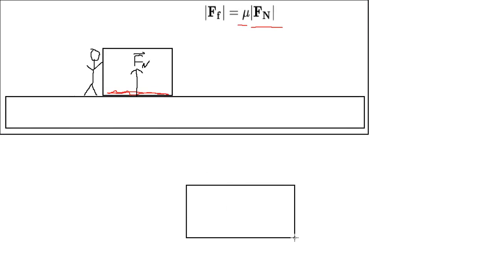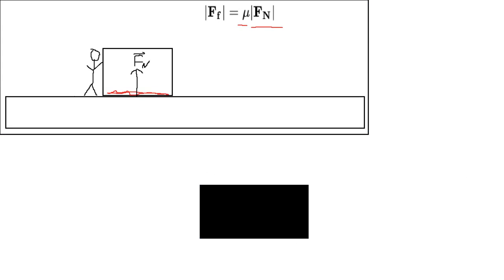Let's say you have a box, and we'll look at it from the top down, that you're trying to move, and that will experience a frictional force. What you need to do first is ask yourself, is the box moving? Does it have a velocity? Let's say the box does have a velocity in a particular direction. This red arrow here is the velocity of our box. If your box has a velocity, friction is actually not so bad to deal with.